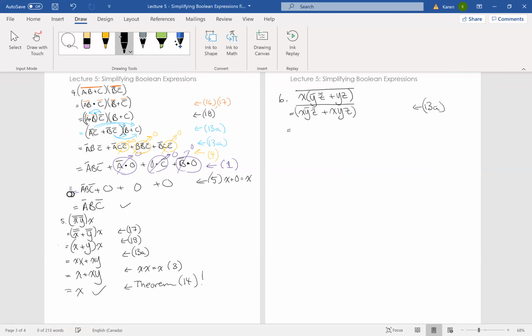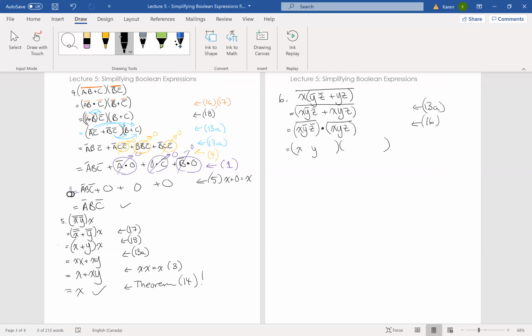Then I'm going to use De Morgan's, De Morgan's 16. I need to change the sign. Therefore, I can break up this big inversion bar. And then in each of those, I'm going to apply De Morgan's again.